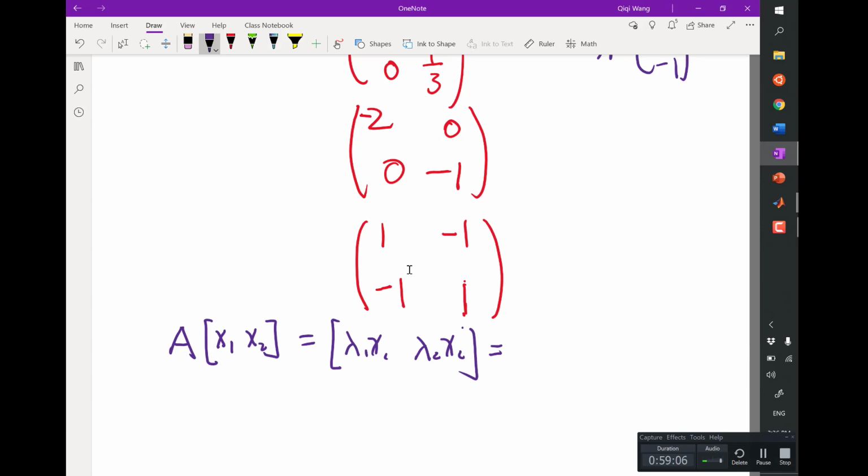Again, if you know in your heart what matrix algebra looks like, this is x1, x2 put side by side, multiplied by this diagonal matrix of lambda 1, lambda 2. Of course, when I don't write anything, it means zeros.